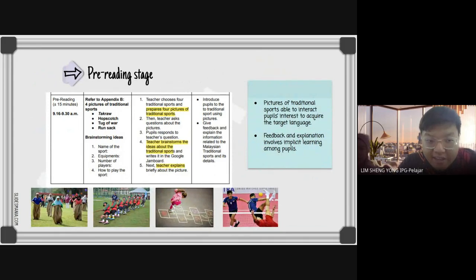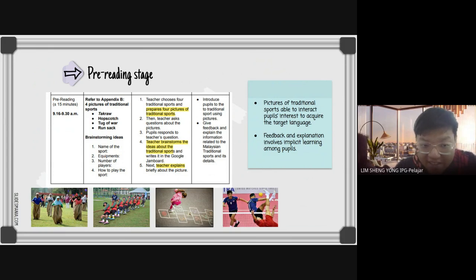Now, in this case, at the pre-reading stage, pictures of traditional sports are able to attract the people's interest in acquiring the target language. Feedback explanation involves implicit learning among the pupils. As you can see here, these are the four flashcards of the four sports.